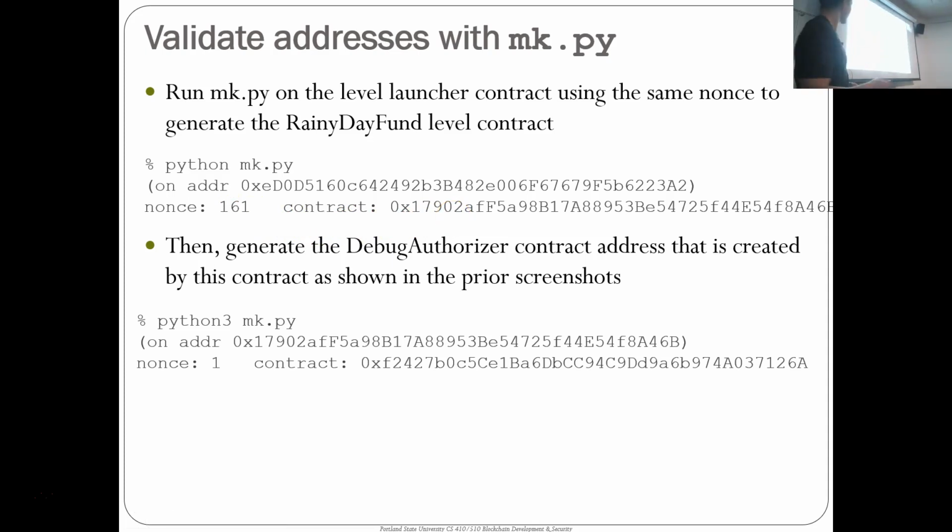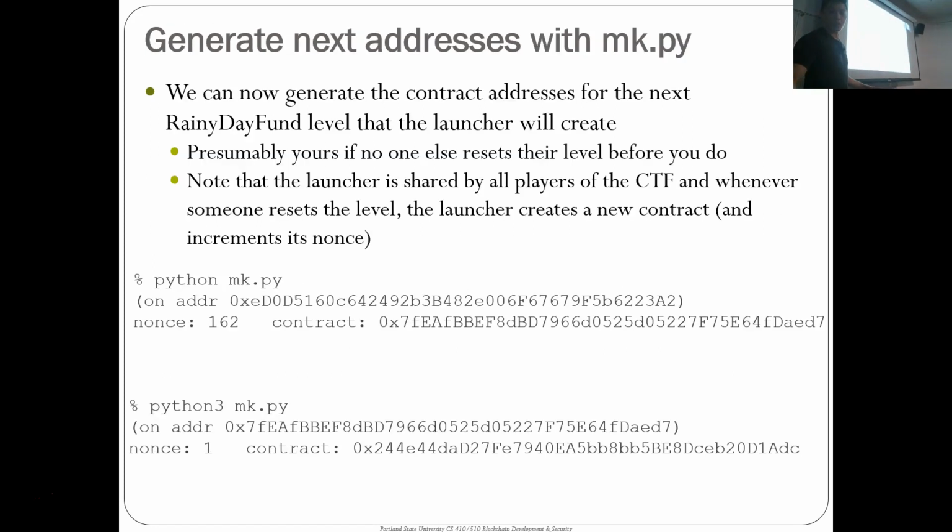And then this address is going to immediately create this debug authorizer, and because this is the very first transaction that this contract does, you use a nonce of 1 with the level contract address to generate the debug authorizer contract address. Once you have this, you send 1.337 to this address, and then you deploy the contract, and then you win, which is what I'm going to hopefully show you next.